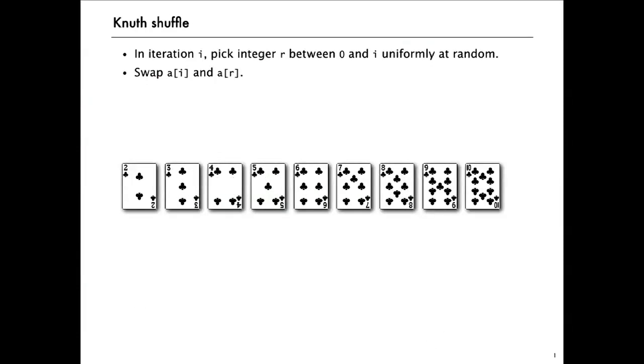The idea is to pass through the array from left to right with an index I, as we've been doing. But now we start with the array in order, and actually it doesn't matter how we start the array. And every time we pick an integer between 0 and I uniformly at random and swap A of I with that integer.